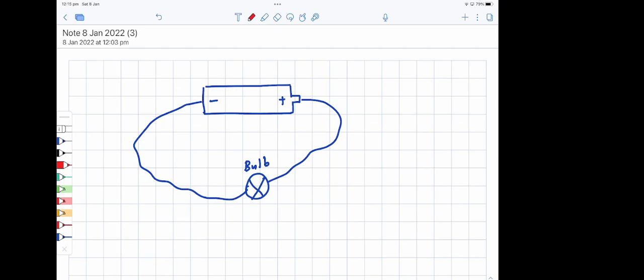there is a thing called current, right? There is a thing called current. Current is going from positive to negative, so current is I. It's positive to negative, current is going.